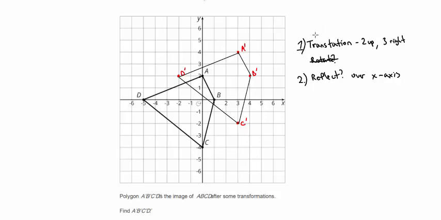Now it reflects over the x-axis. So I'm going to do that in a different color, in blue. It's going to reflect over the x-axis. So this point now is going to be right here. We could call that D prime prime. A is going to be right here.